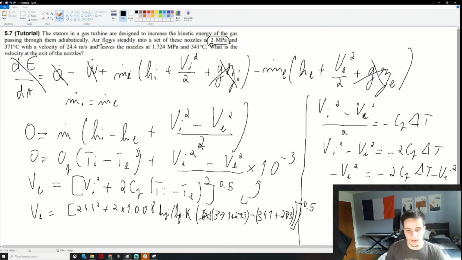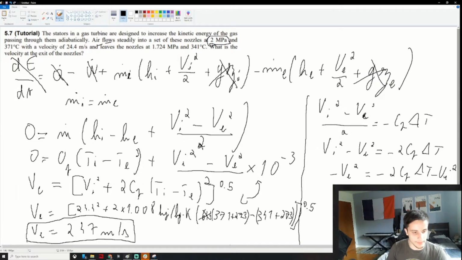It wouldn't make a difference, because the 273 would cancel out, and you would just get 371 minus 341, which equals 30 Kelvin. So plug in everything, and you should get an exit velocity of 247 meters per second. And that'll be your answer.